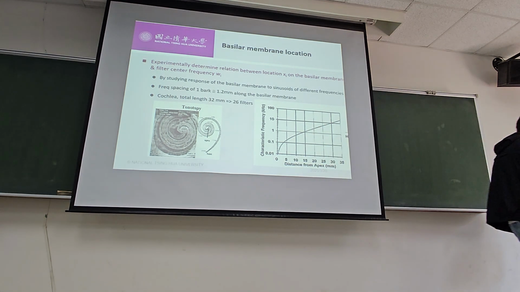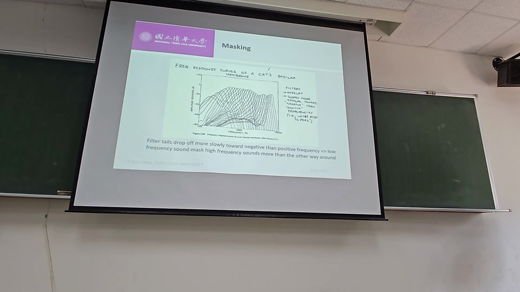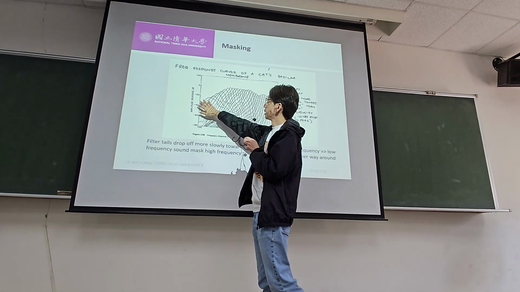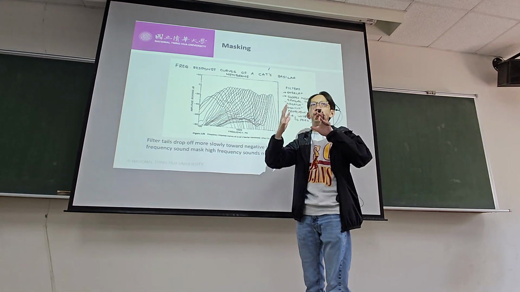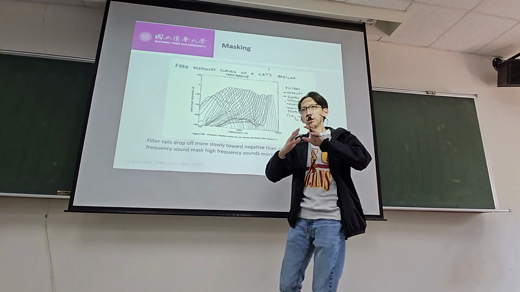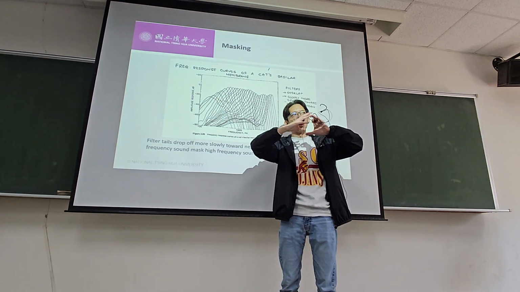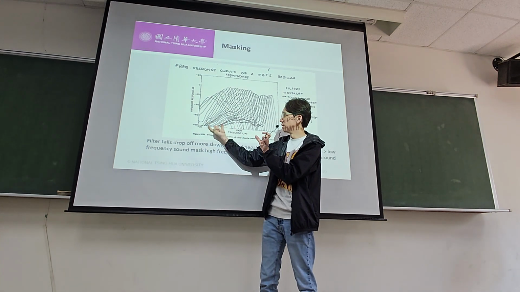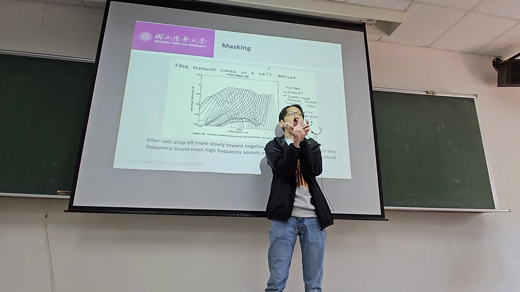Okay. We'll talk about one thing here and then we'll stop. There's also a masking effect. So every filter is not in isolation. You have a critical bandwidth, so every two subsequent filters actually do overlap.